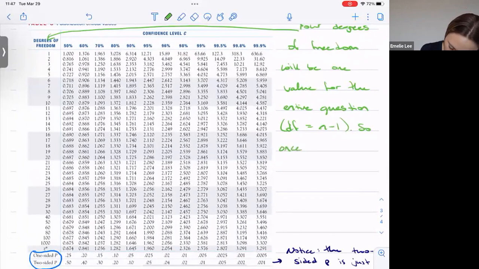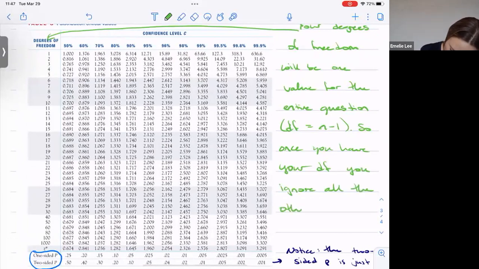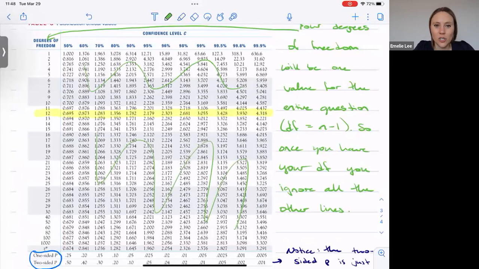So once you have your degrees of freedom, you ignore all the other lines. For example, if I have 12 degrees of freedom, then I can ignore everything else and just focus on that one line.